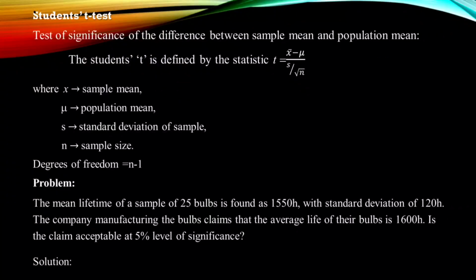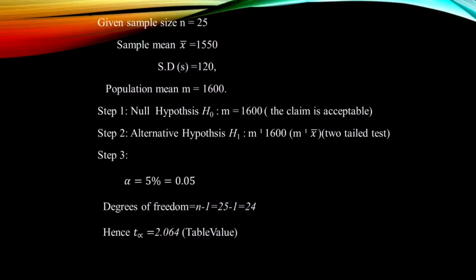Now the company manufacturing the bulb claims that the average life of their bulbs is 1600. So we have to check this at 5% level of significance. So the sample size is n equal to 25, sample mean is 1550, standard deviation is 120, population mean value is 1600.